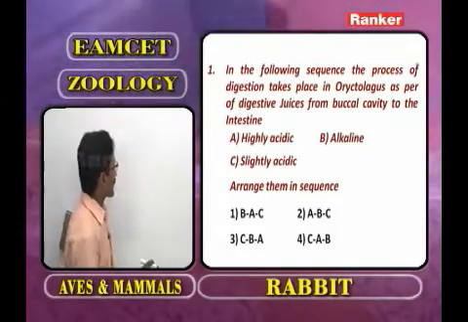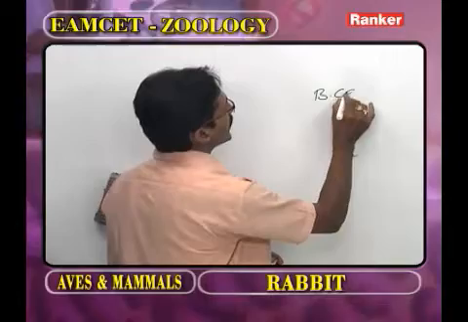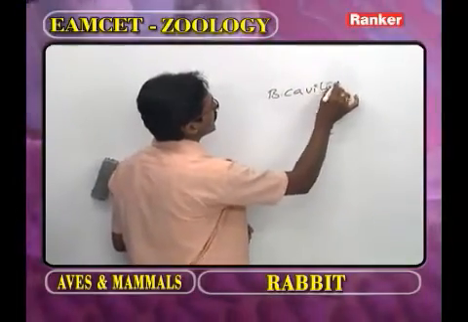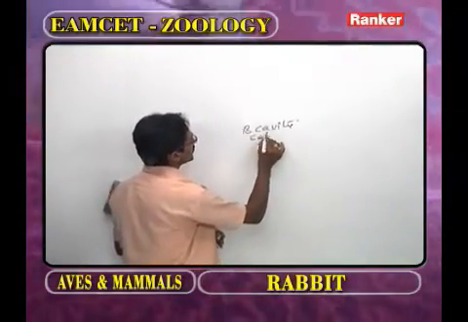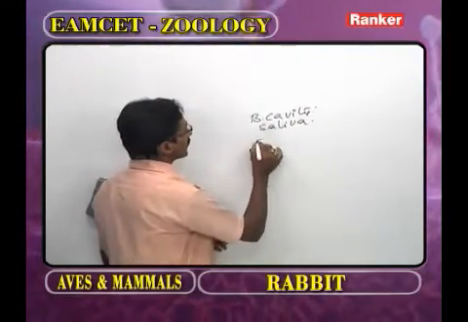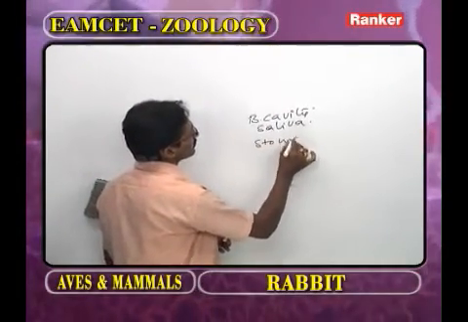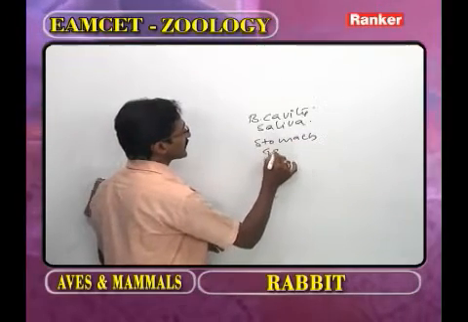Now as we observe the alimentary canal of rabbit, one part we call the buccal cavity. In the buccal cavity, what type of digestive juice is present? The saliva. Now the second part we call the stomach. In the stomach, what type of digestive juice is present?